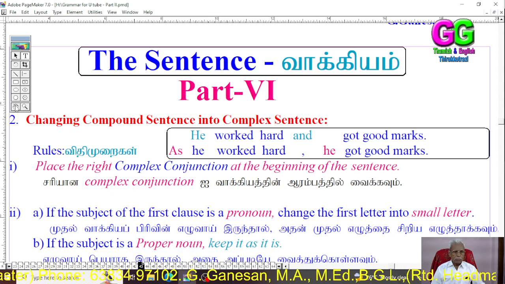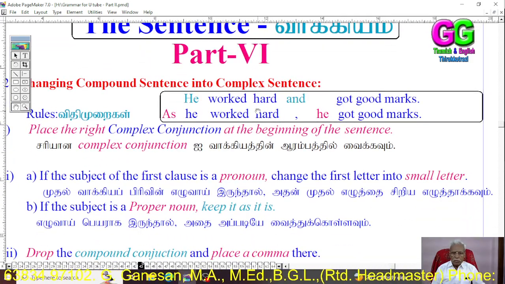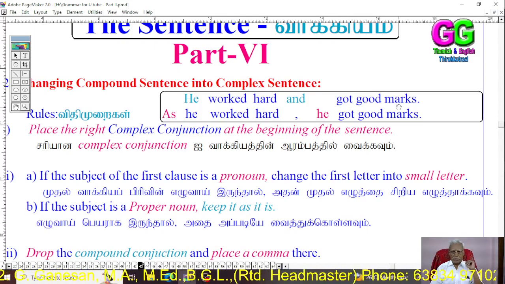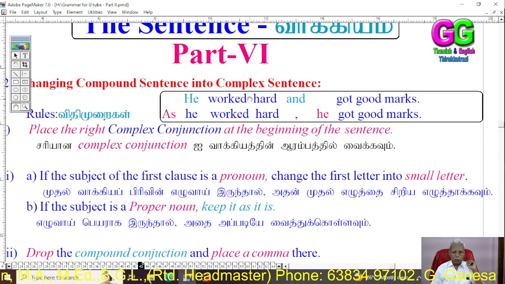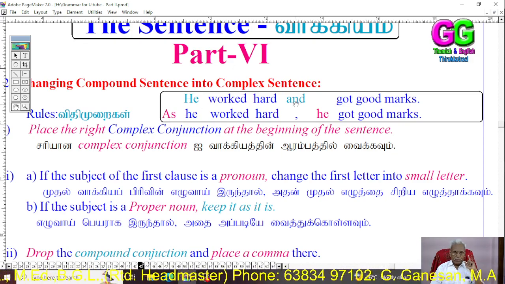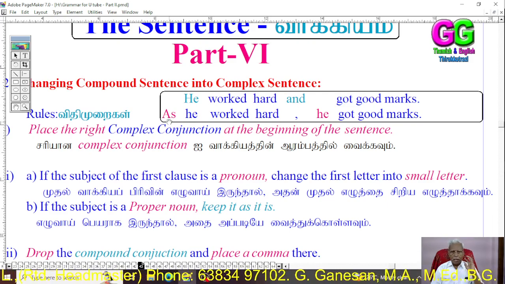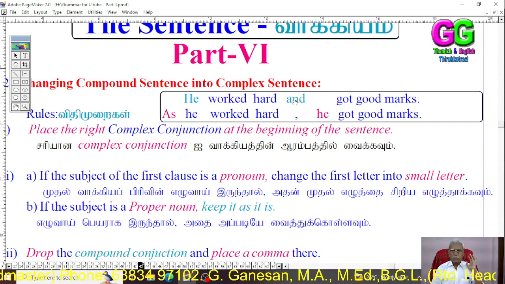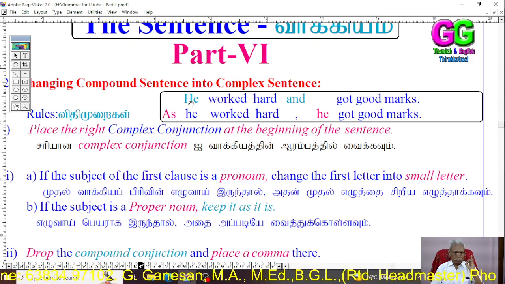See, first of all, before seeing the rules, let us see: he worked hard and got good marks. This is the compound sentence. Here, we have to change it into complex. So, first of all, the complex conjunction for "and" is as, since, because. I have used "as" here.